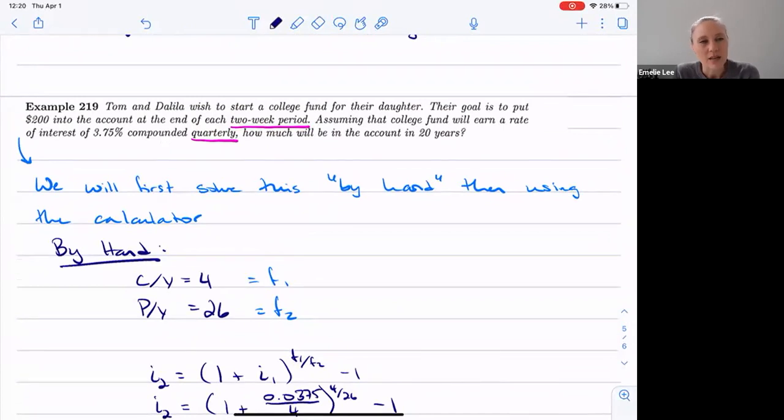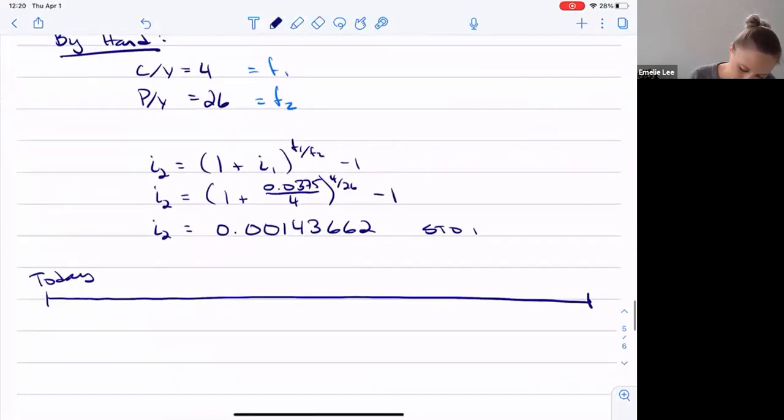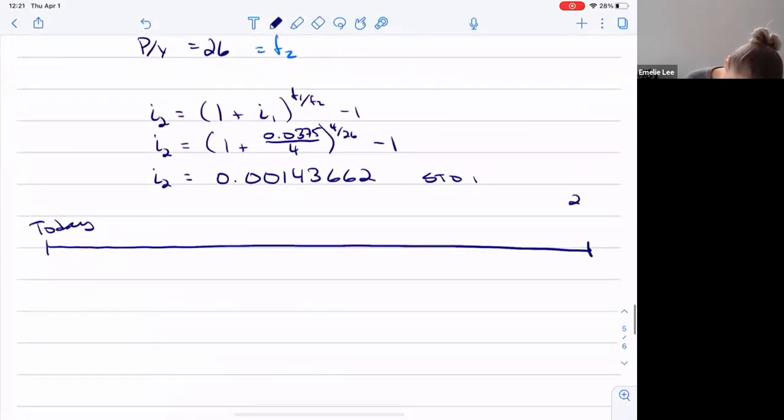So their goal is to put $200 into the account at the end of each 2-week period, so we're talking bi-weekly here, for a total of 20 years. I'm going to start today, and then I end at 20 years. But we're making bi-weekly payments, so I'm just going to write 1 bi-weekly, 2 bi-weeklies, because if I do 2, 4, 6, 8, it gets confusing.